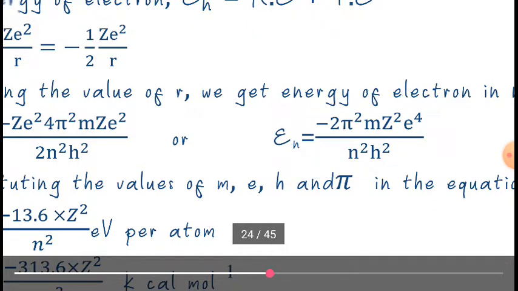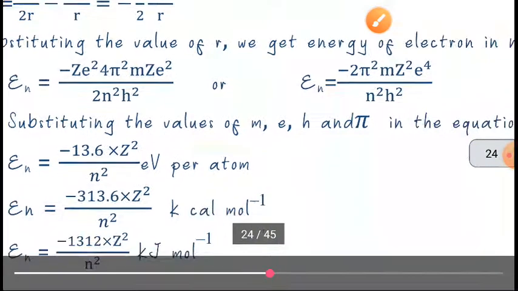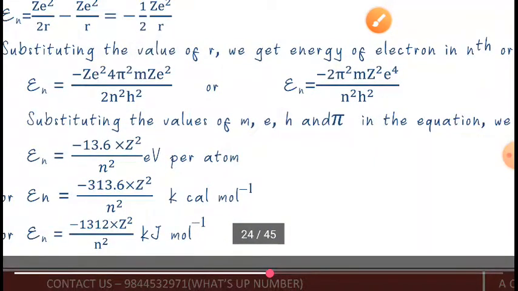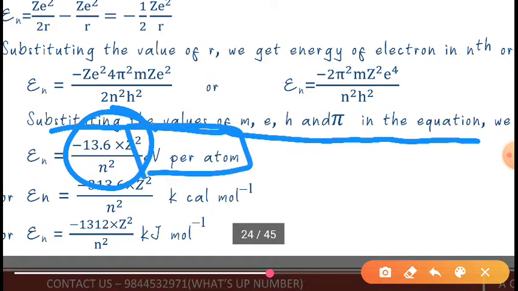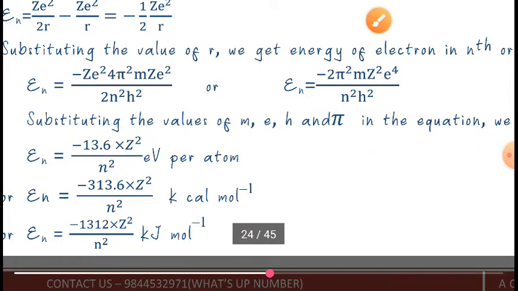When we put this value here, we substitute the mass of the electron, the charge of the electron, h, that is the Planck constant, and the value of pi. By substituting the values of m, e, h and pi in the equation, we get this equation in electron volt.